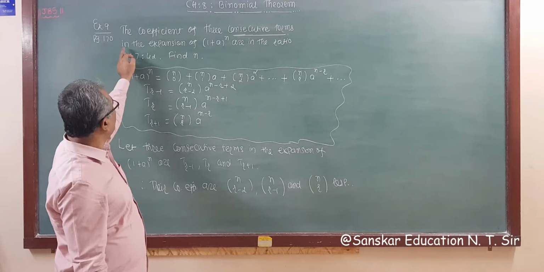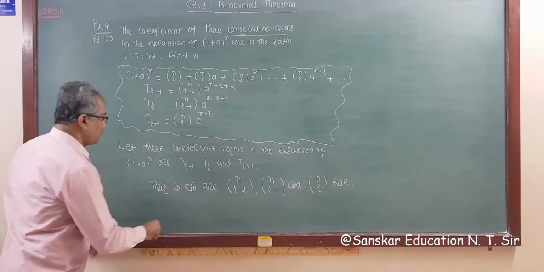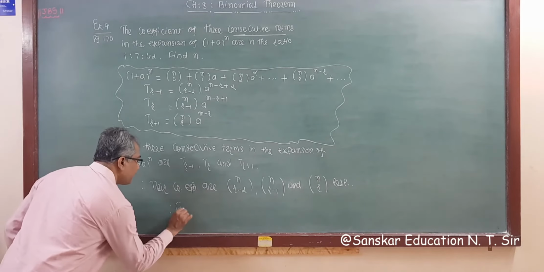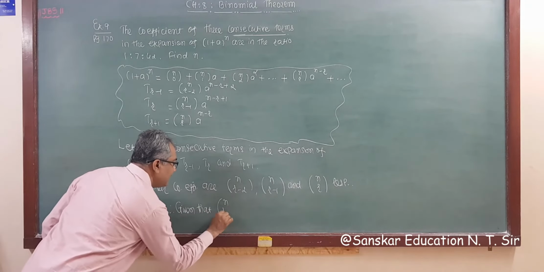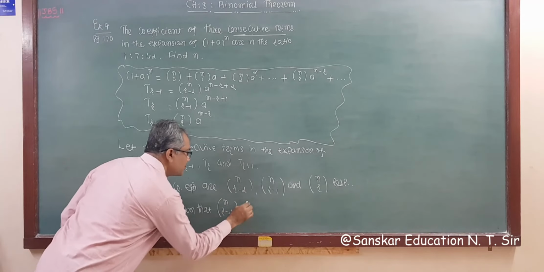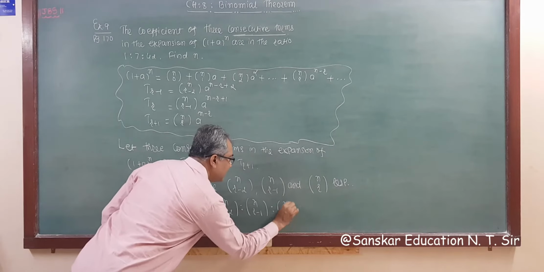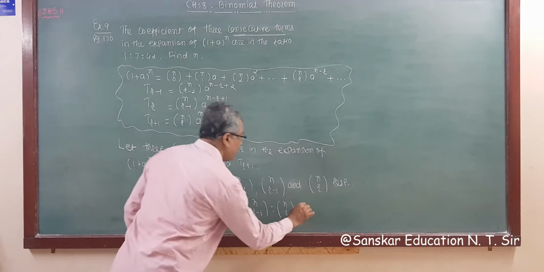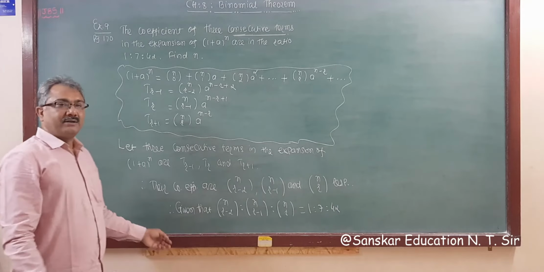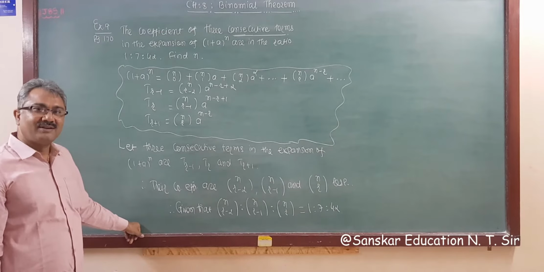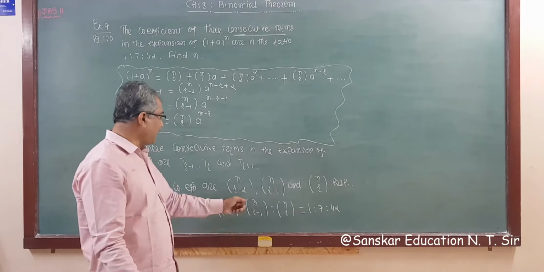Now what is given? The coefficients are in the ratio 1:7:42. So therefore, given that nC(r-2) : nC(r-1) : nCr = 1 : 7 : 42. Recall, you have done this sum in Permutations and Combinations: if this is this, then find n and r.